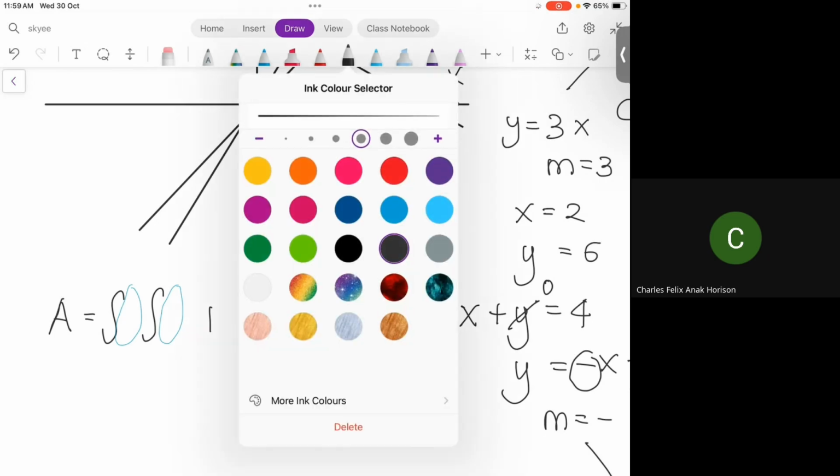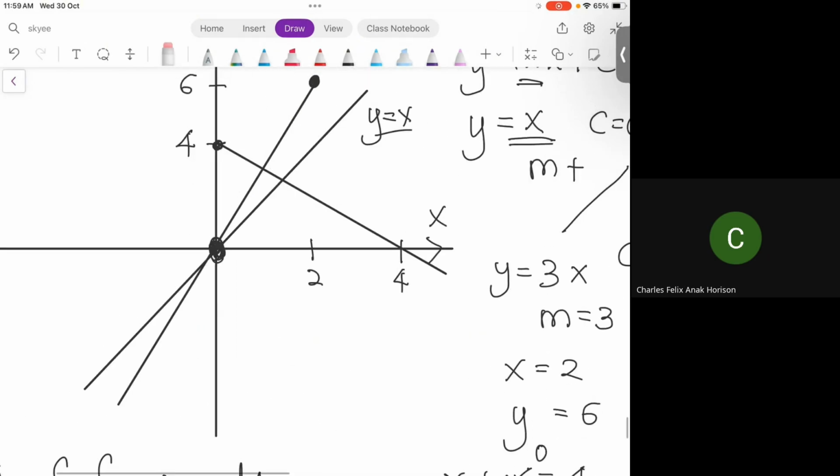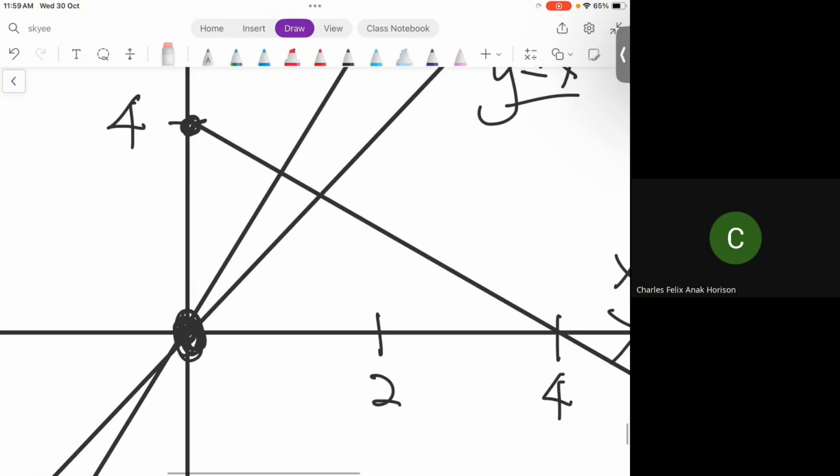So let's simply pick one. Maybe I'm zooming a bit. If I want to solve by using vertical, I will just draw a vertical line because I want to use the vertical strip technique. So this is my vertical strip.